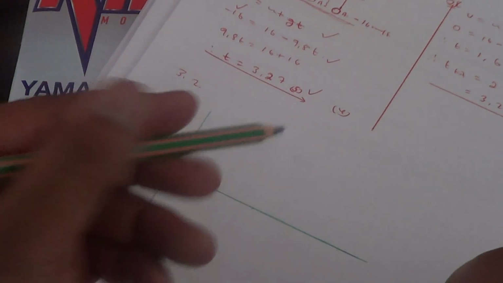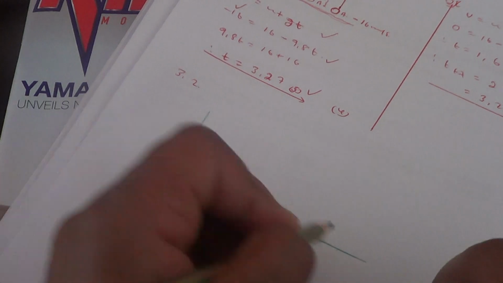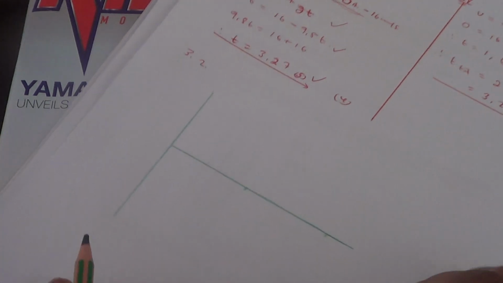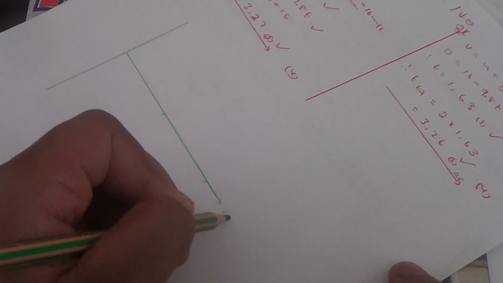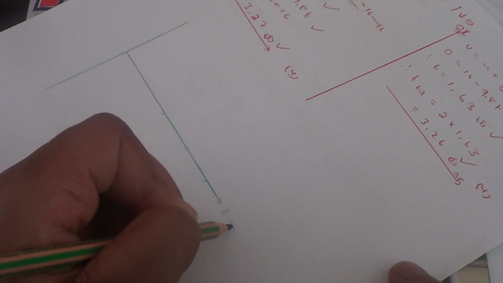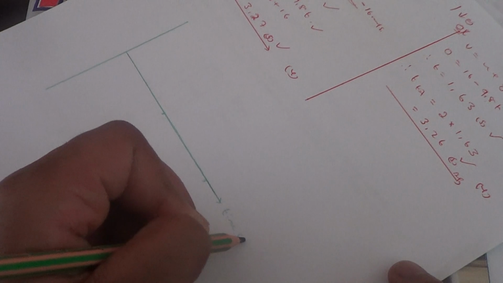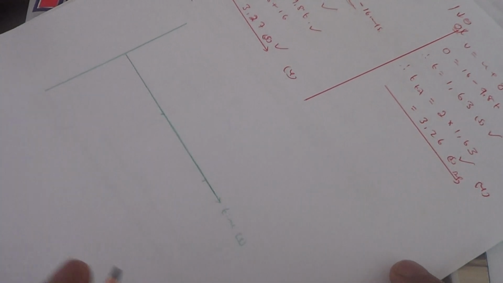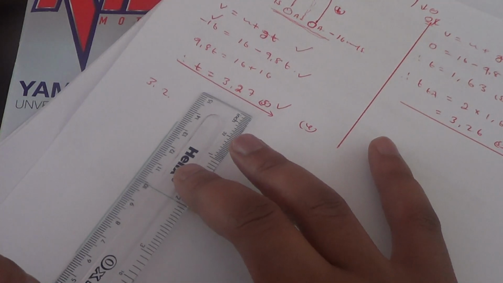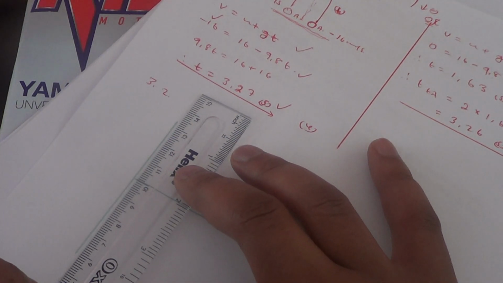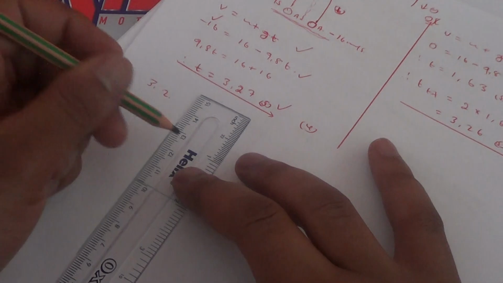This is very simple, so do not make a mistake. So this is the time in seconds, so you indicate your axis, time in seconds. You can just put that in brackets.